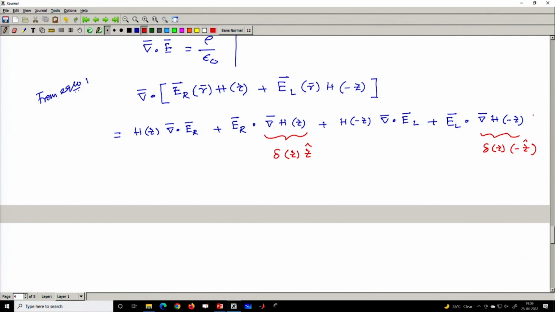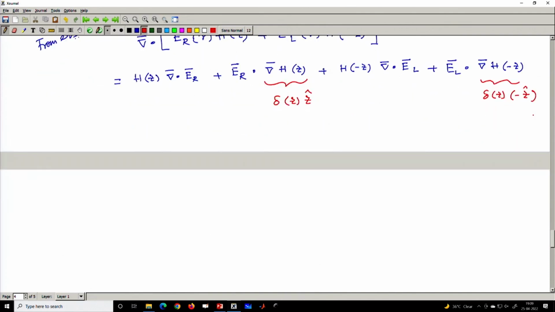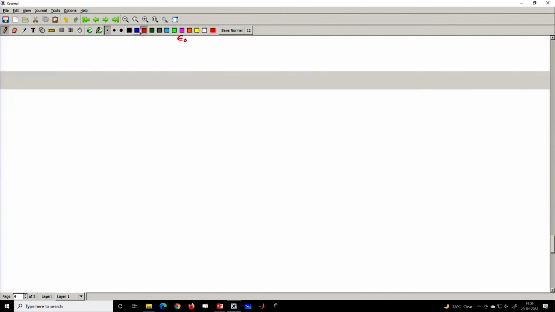So with that I can also have E dot r, this one I can write as rho_R divided by epsilon 0. This quantity I can write as rho_L divided by epsilon 0. So all four quantities I can write in this way. So finally, what do we get?